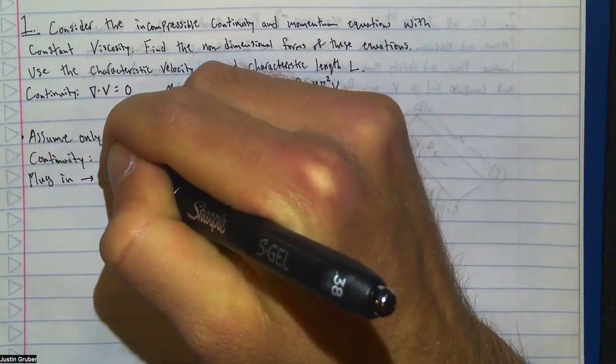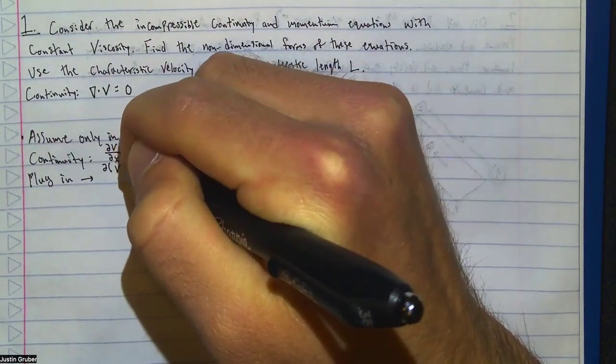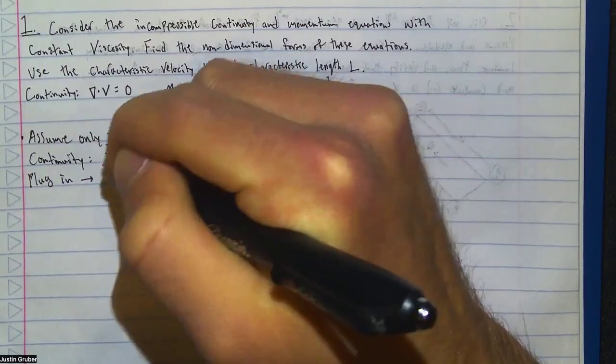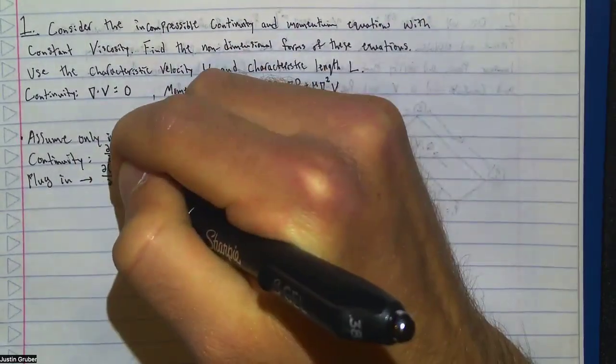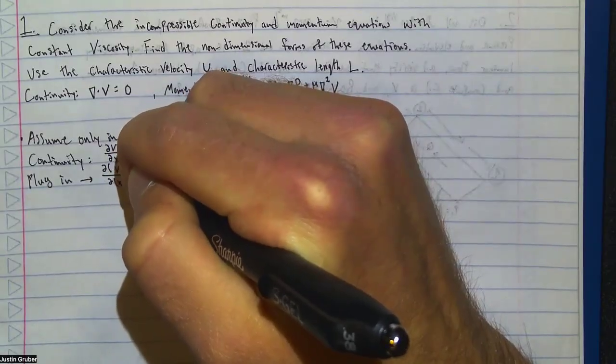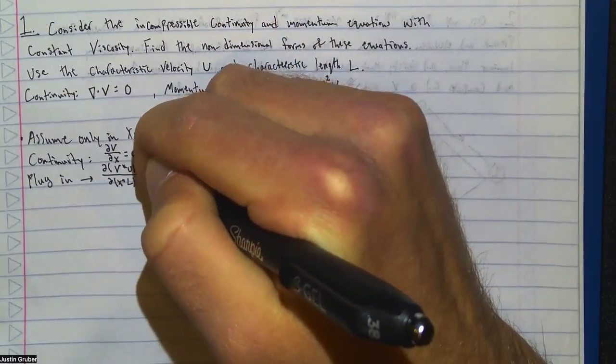So we have partial, what's our v? It's v star times U, over partial, what's our x? It's x star times L, equals 0.